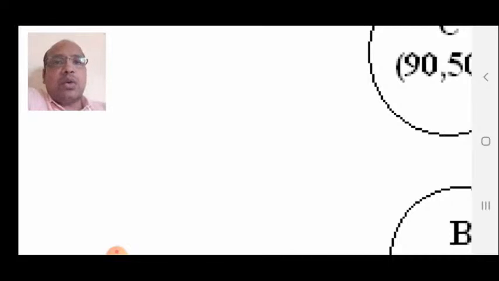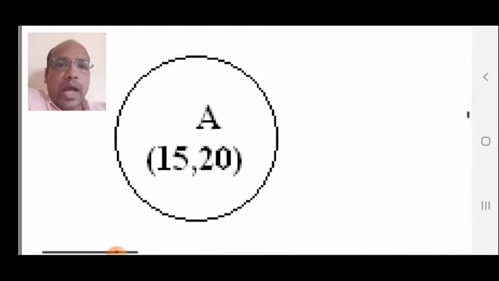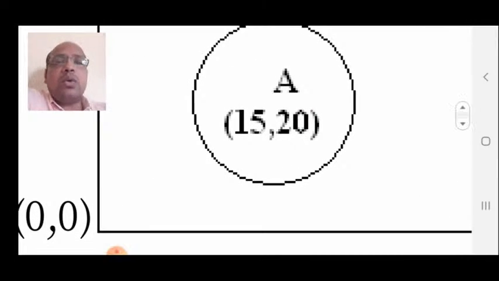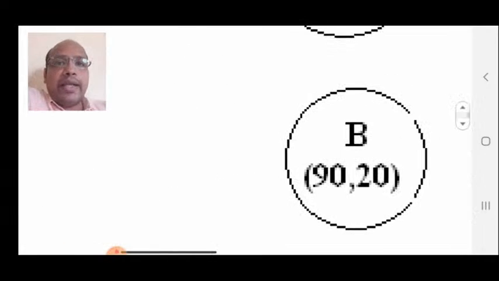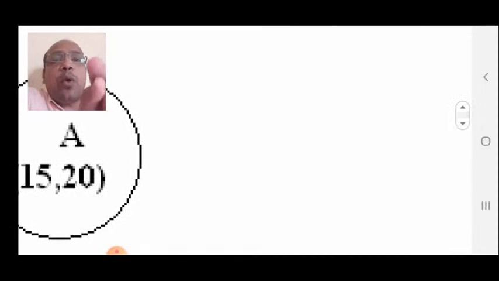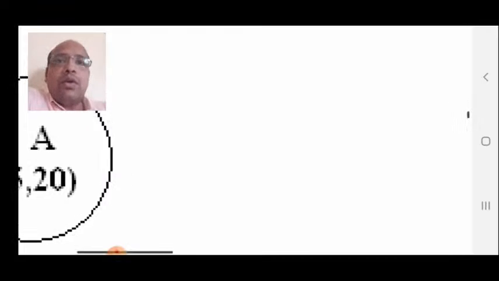But in the incremental coordinate system, you write the coordinates of point A with respect to the origin, but while writing the coordinates of point B, you should write them with respect to point A. It means that while writing the coordinates of the next point, the previous point should be the origin.